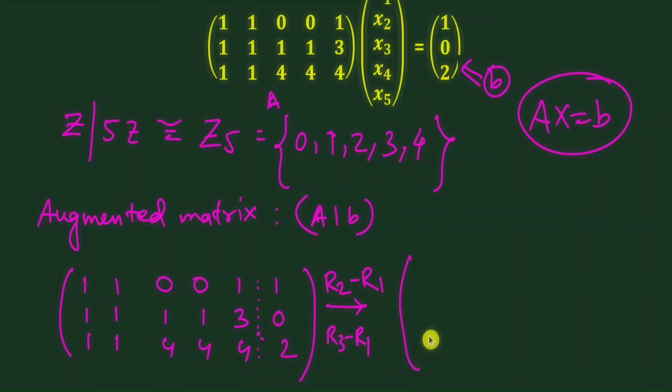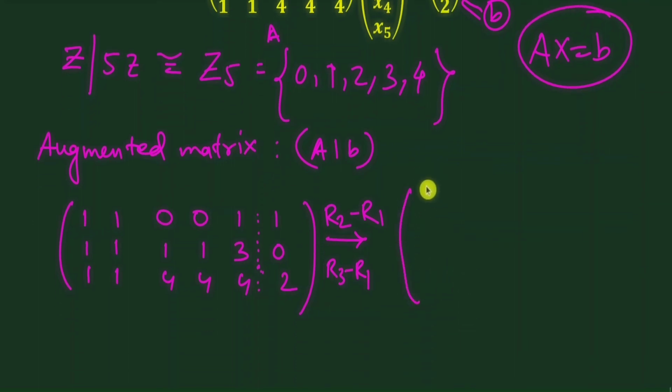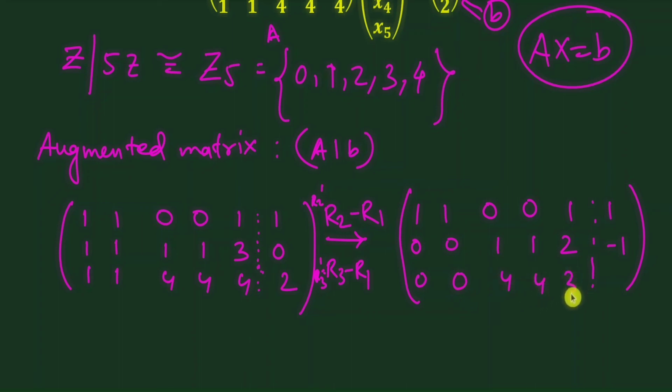We get R2' and R3' equal to: this is the augmented matrix, 1 1 0 0 1 1, then 0 0 1 1 2 minus 1, then 0 0 4 4 3 and 1.